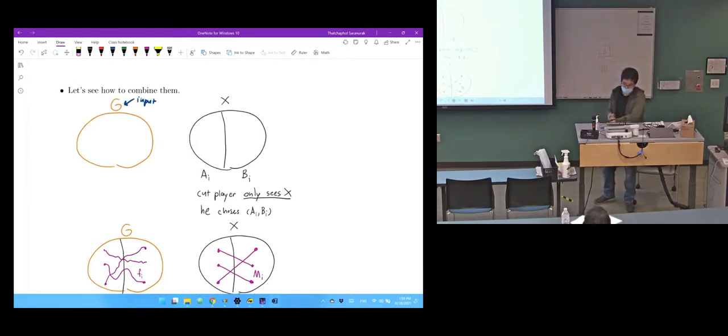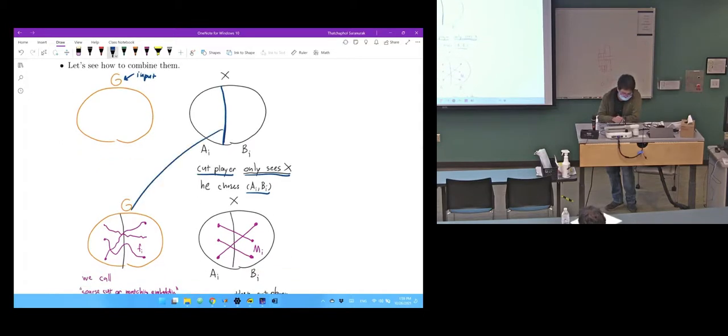Then you run the cut player algorithm in X, not in G. The cut player only sees X, and he chooses some cut in X. This corresponds to the same cut in G, since X and G have the same set of vertices, but X starts from an empty graph. Once the cut player chooses a cut, you look at the same cut in G.